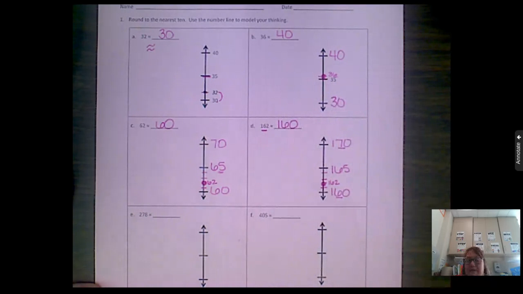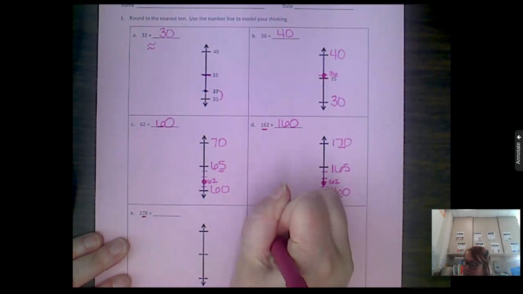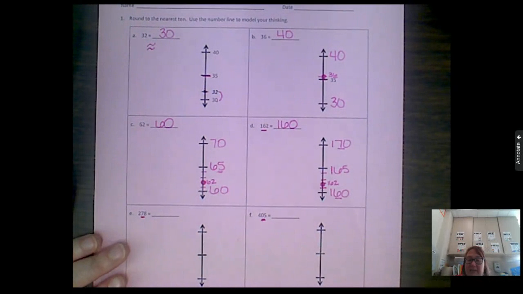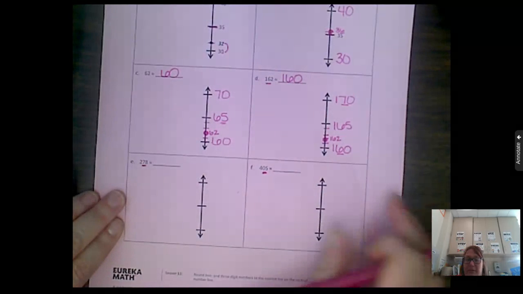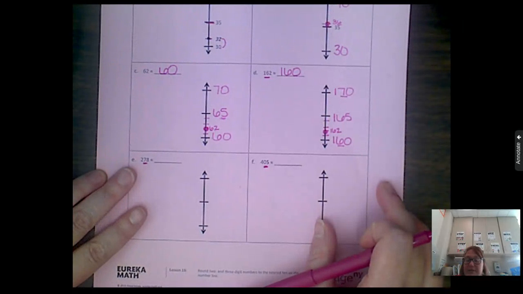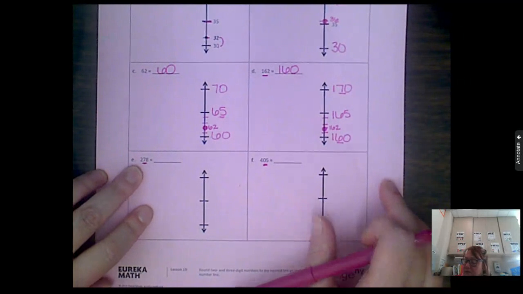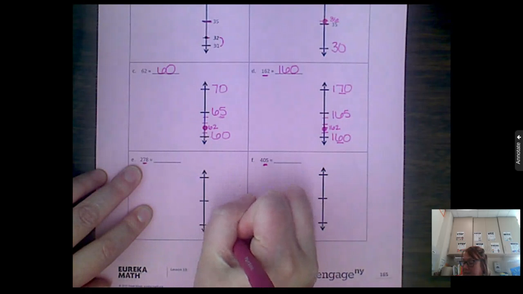All right, if you want to pause and try these next 2 on your own, but just pay careful attention that we are rounding to the nearest 10. So you might want to underline the tens place there. Okay, so if you're back with me, we were rounding 278 to the nearest 10, and we want to know what 2 tens it is between. So the lowest one would be 270.